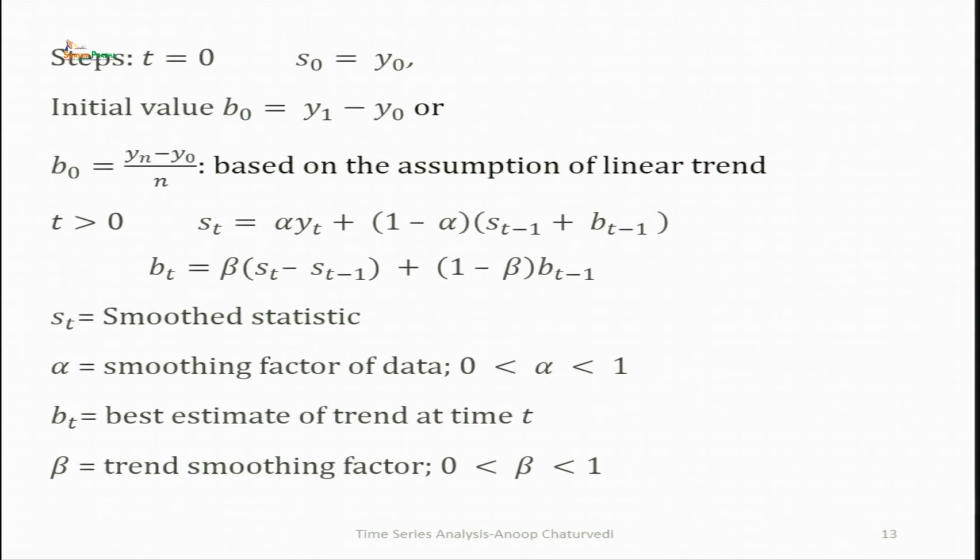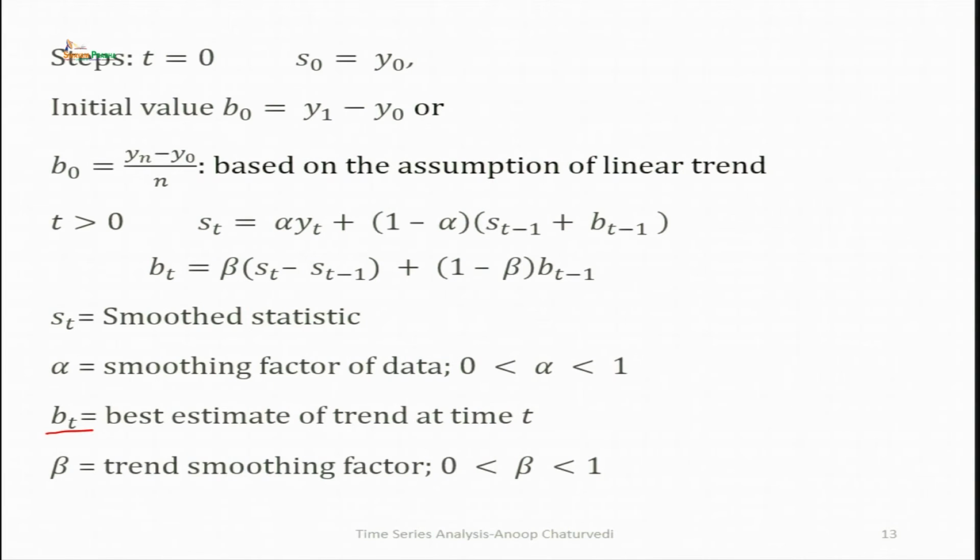These are the steps for this procedure. We start from t equal to 0 and set S naught equal to Y naught. Then, apart from alpha, we are introducing another parameter B, and this parameter B depends on t.